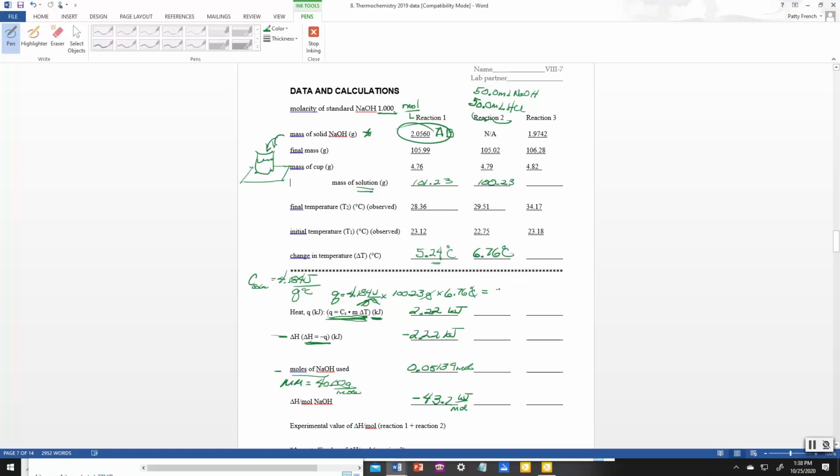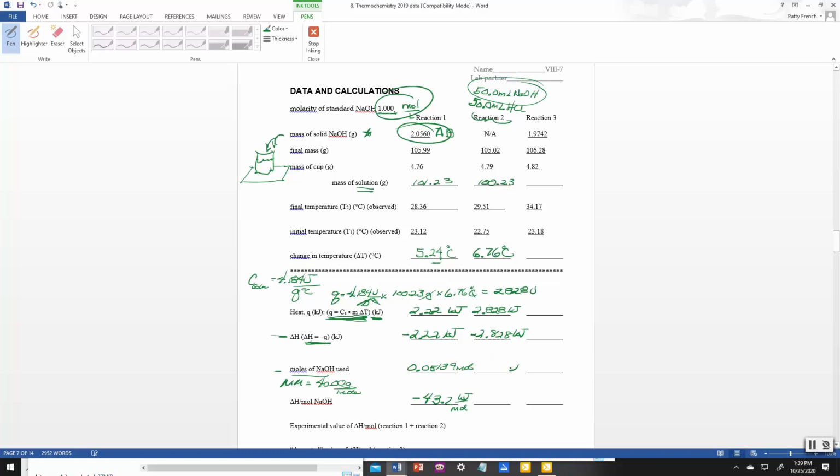And we ended up with 2,828 joules, or in kilojoules, 2.828 kilojoules. Now again, next step is easy. We just stick a negative sign out there because the Q reaction is the opposite of the Q solution. And, oh, now that's interesting. Moles of NaOH, I'm not sure how I'm going to find that because I don't have a mass. No, I don't have a mass, but what I do have is a molarity and a volume.